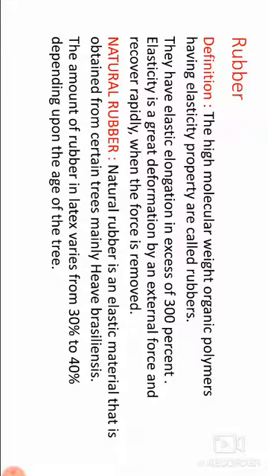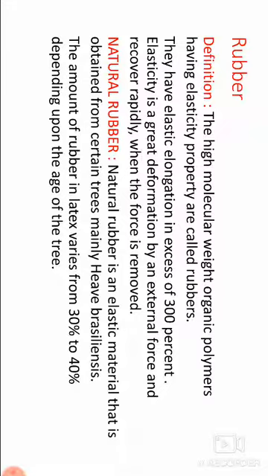Natural rubber. Natural rubber is an elastic material obtained from certain trees, mainly Hevea brasiliensis and Gutta percha. These grow in tropical regions, areas where higher temperatures occur.